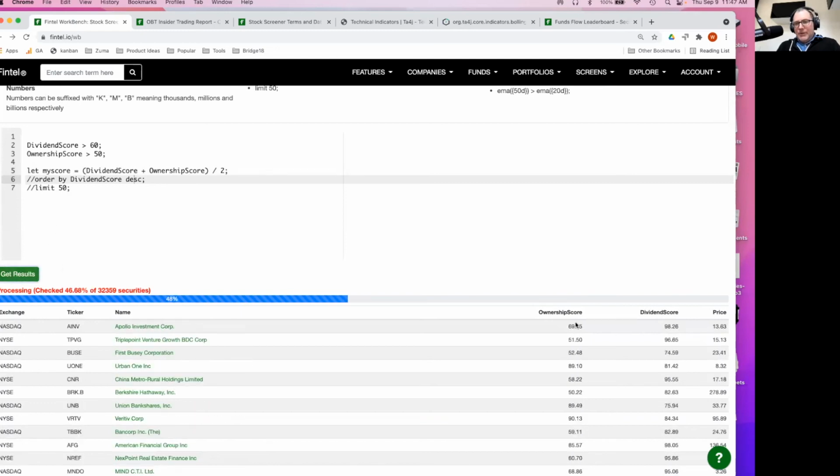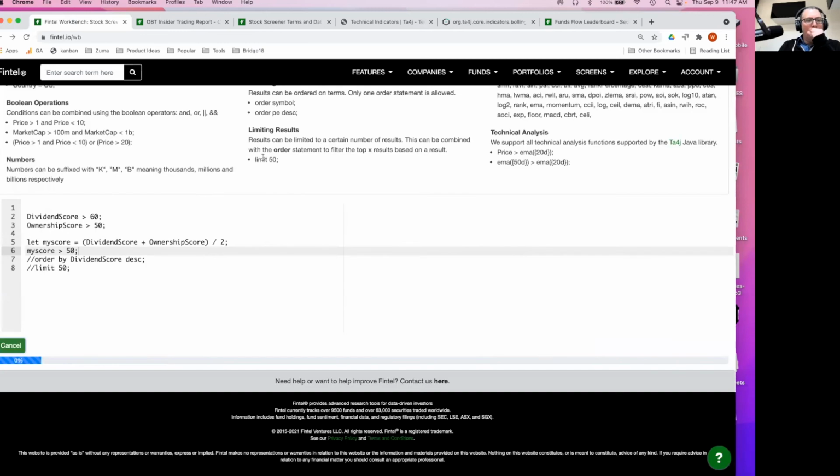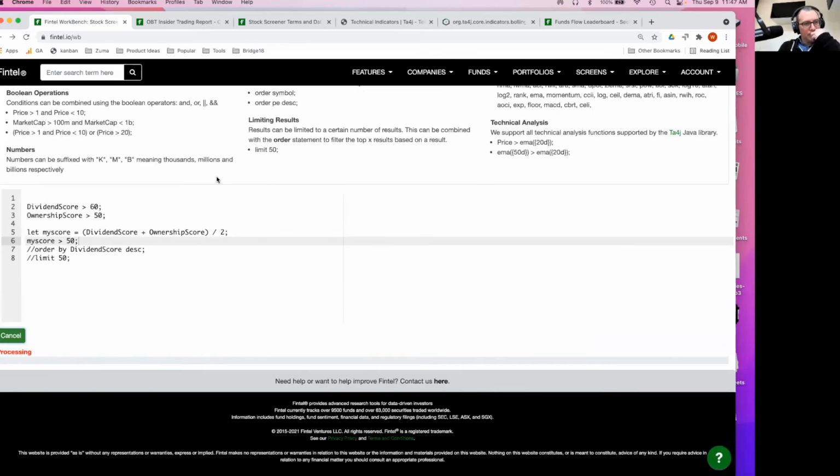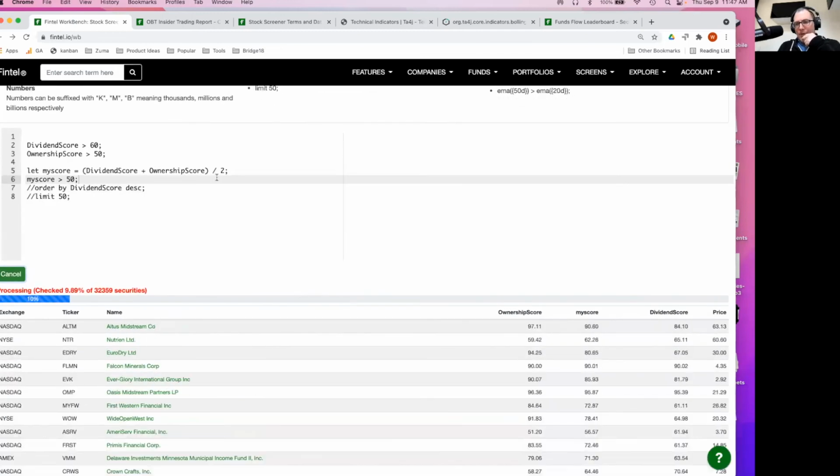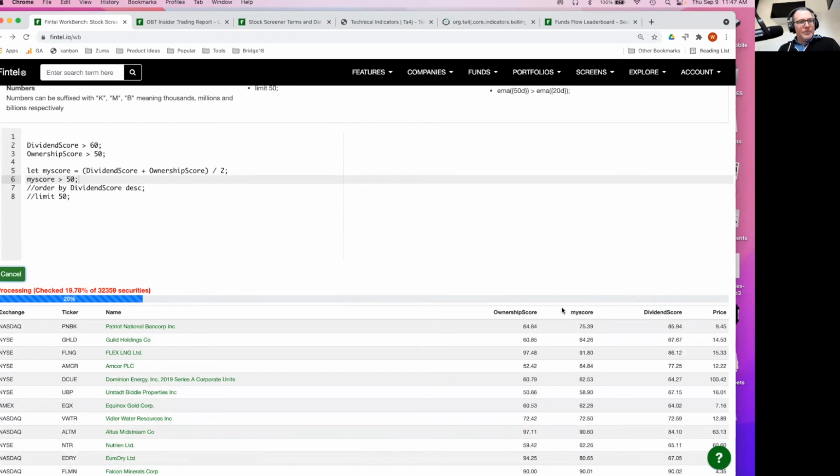What this is supposed to be doing is showing my score, but let's just say my score is greater than 50. Let's see what this says here. Okay, now we're seeing my score here. My score is the average of the ownership score and the dividend score.